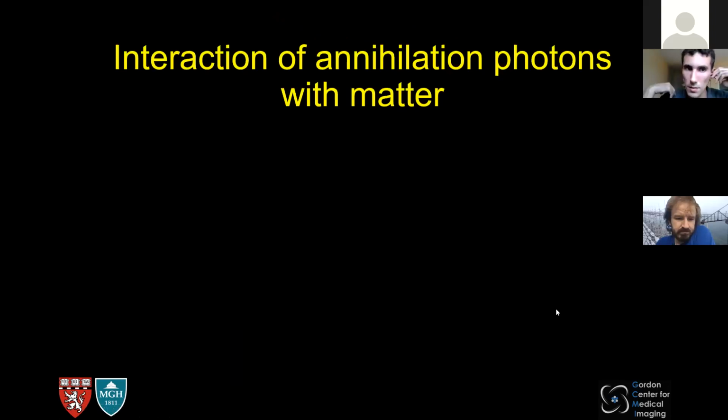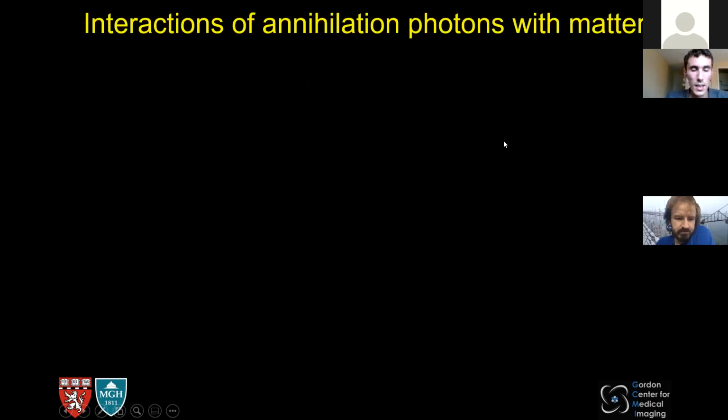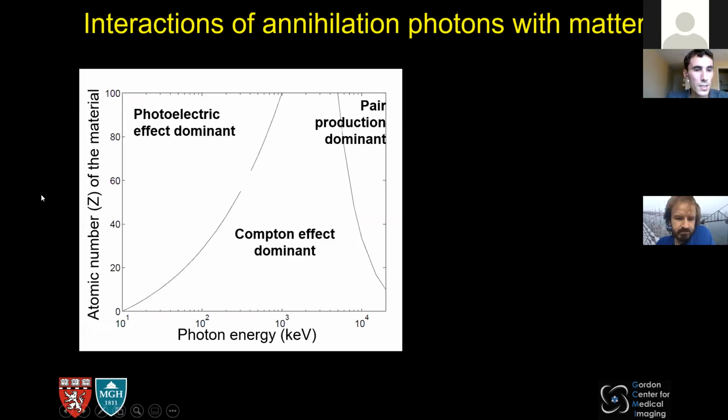instrumentation, etc., for PET, I'd like to quickly recap the different types of interactions that can occur between the annihilation photons and the matter through which they are traveling. So this is a graph here that's summarizing what's going on. So this is showing you basically the dominant type of interactions between photons and matter as a function of the energy of those photons and the atomic number of the material through which they are traveling.